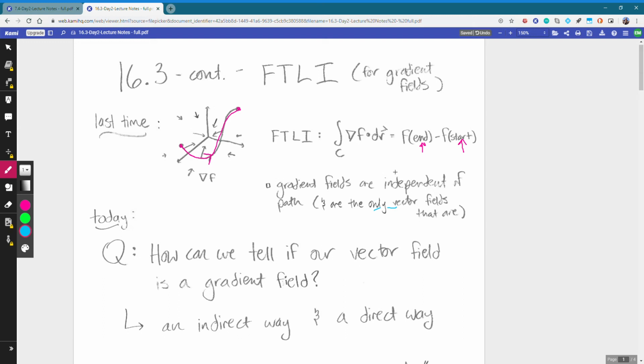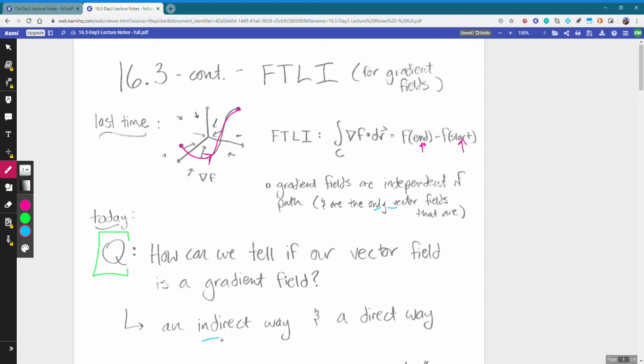And because of this nice property that gradient fields have, a natural question is, well, how can we take our vector field that's maybe just handed to us and see if it actually is a gradient field? And this is the question that we're going to be thinking about today. It turns out that there are really two ways to go about this.